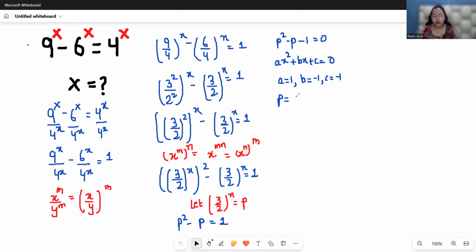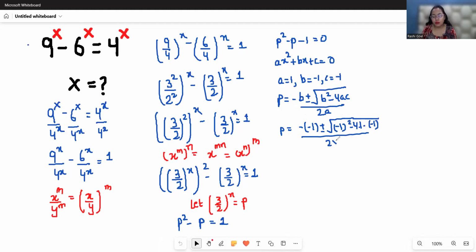So what is the quadratic formula in terms of p? Minus b plus minus under root b squared minus 4ac by 2a. So p = (-(-1) ± √((-1)^2 - 4·1·(-1)))/(2·1).